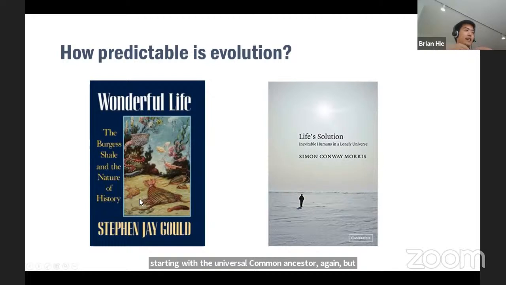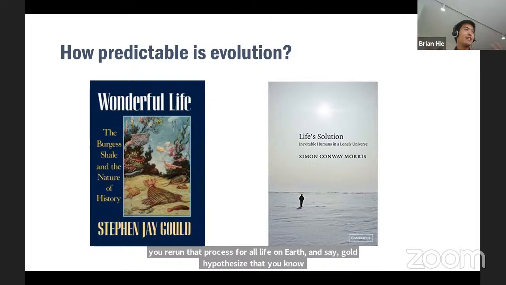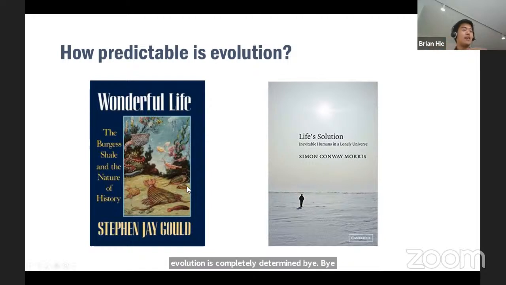Gould hypothesized that evolution is completely determined by chance, and if you rerun this process, you'd get fantastic new organisms with different kinds of life that don't resemble anything that we see on Earth today.